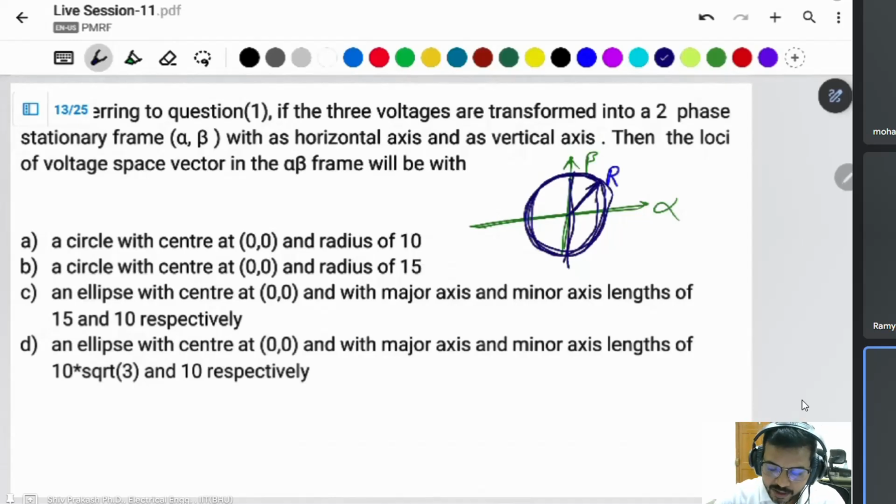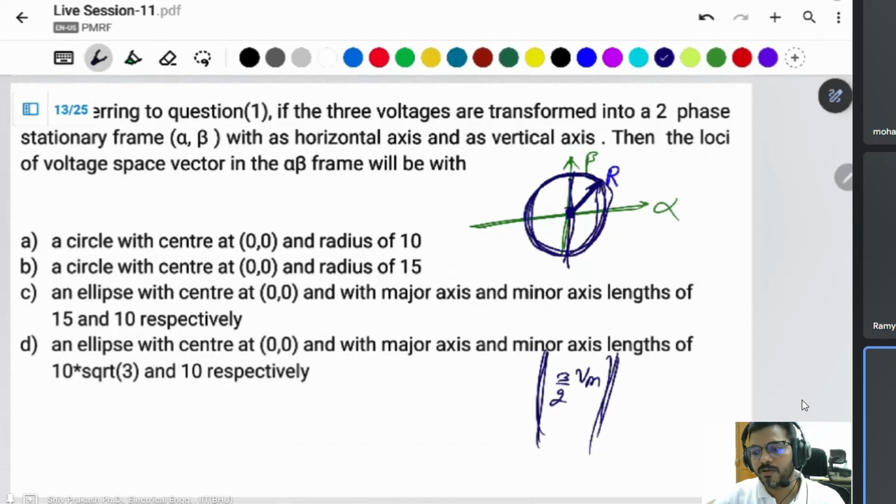The center will be 0 0, and it makes a circle. Then what is the radius? The radius of the circle is 3 by 2 Vm. The maximum magnitude of this vector will be 3 by 2 Vm.